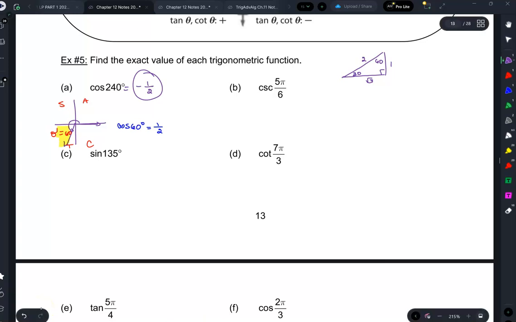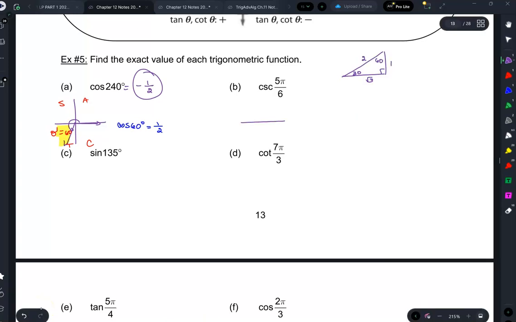Cosecant of 5 pi over 6. Right, so where is 5 pi over 6? Right there. Now, 5 pi over 6, remember that's the pi over 6, like the 30-degree angle. Anyways, theta prime is pi over 6. So what I want is to find cosecant of pi over 6, which is the same as cosecant of 30 degrees.